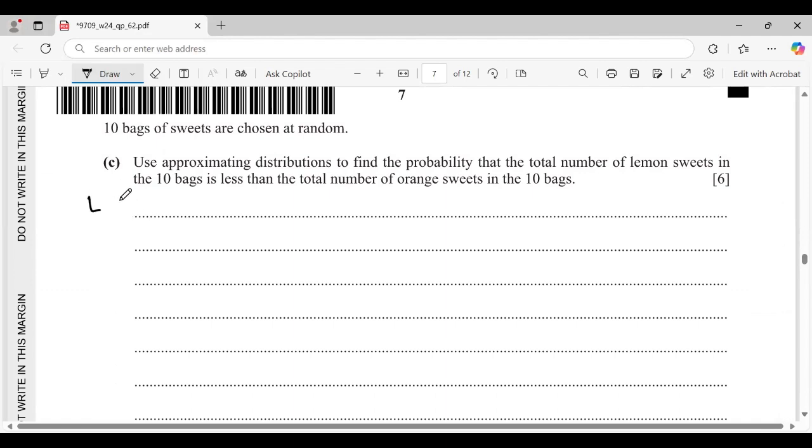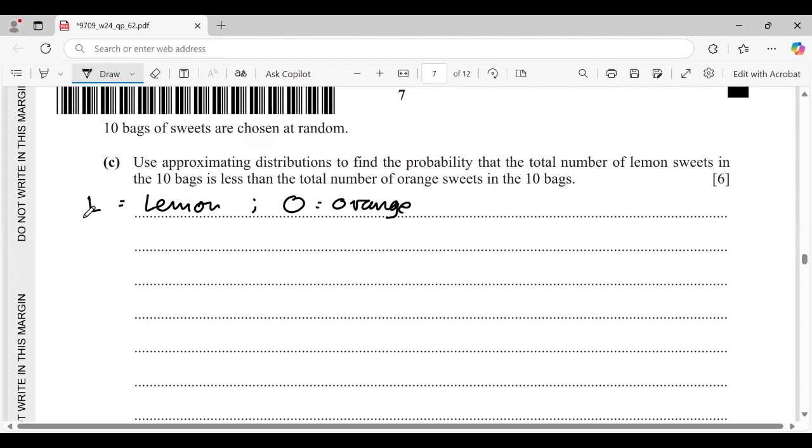Let L be the total number of lemon and O be the total number of orange in 10 bags.